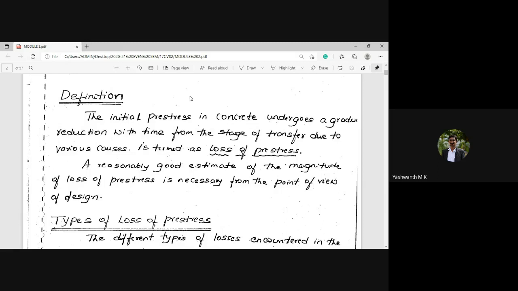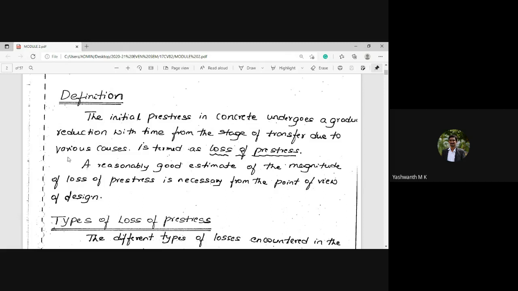Very simple: whatever pre-stress was induced in the initial stage, that is during the transfer stage, will undergo reduction as the time elapses. That loss is called loss of pre-stress. So moving on to the next.